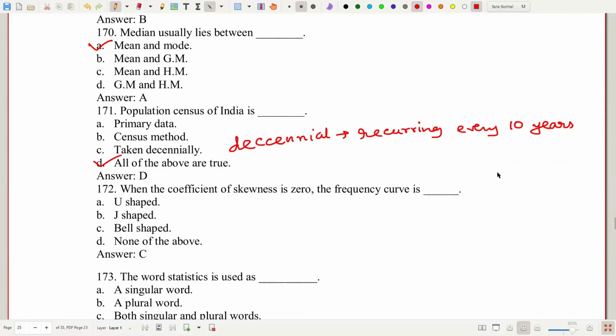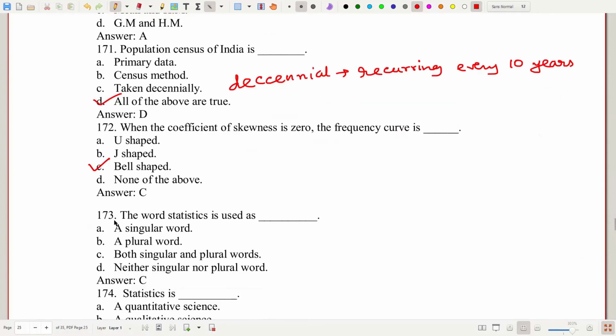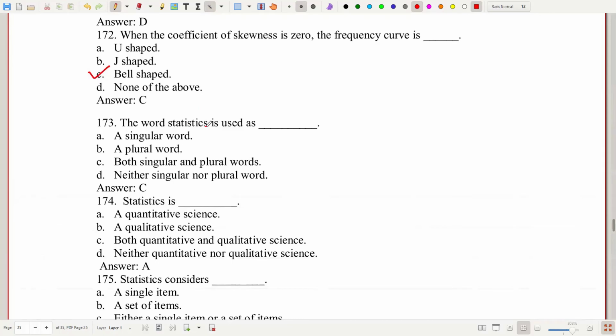When the coefficient of skewness is 0, the frequency curve is bell-shaped. The word statistics is used as a singular word, a plural word. Practically, both singular and plural words are used in the meaning of statistics.